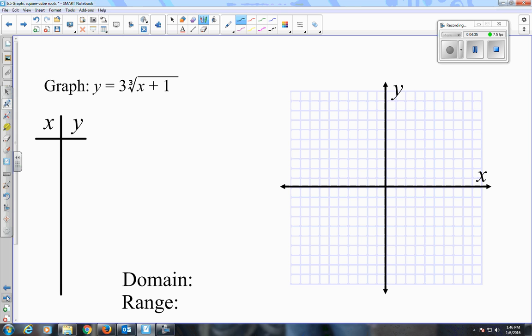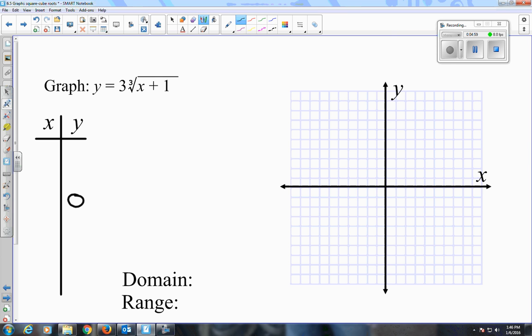If it was outside of the root sign, then it would be up or down. We don't have anything there, so it's not going to move up or down. If it's inside the root sign, then it's always opposite what you think it should be. Here's the way I always think about those. If there's nothing plus out here, I know my y value's got to be 0 at that middle point.